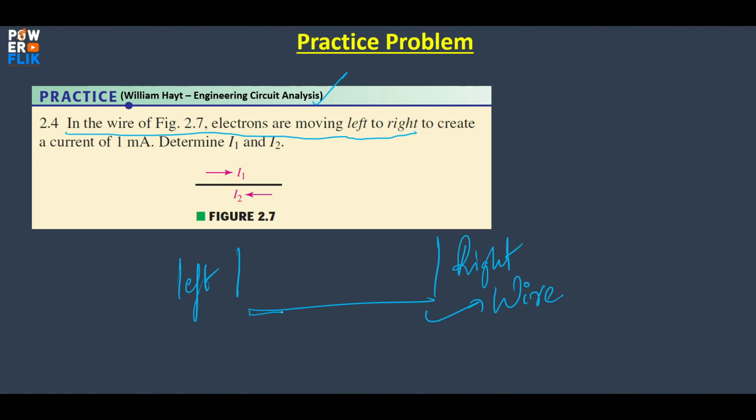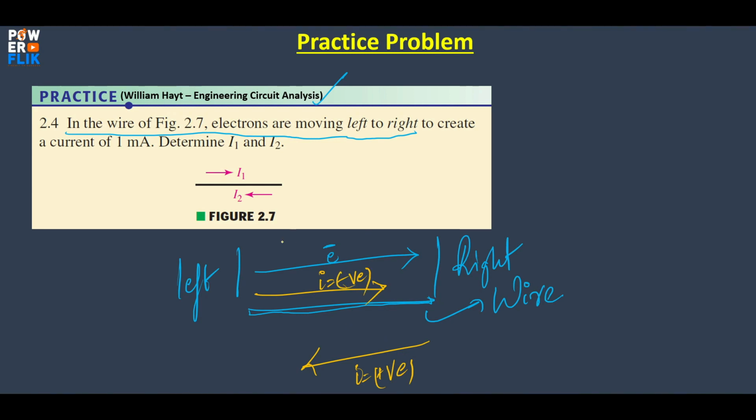This is E minus. So without seeing the figure, we can easily say that if electrons move that side, the positive current will be this side. In the same direction as the electrons, you have to represent I as negative.